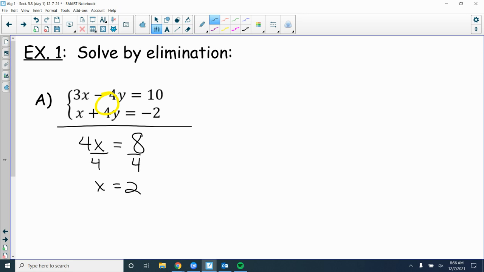You're not done because you do have to come up with a second variable. How do I find the second variable? I got x. X is 2. How am I going to find that second one? Plug in what you got for x into what?